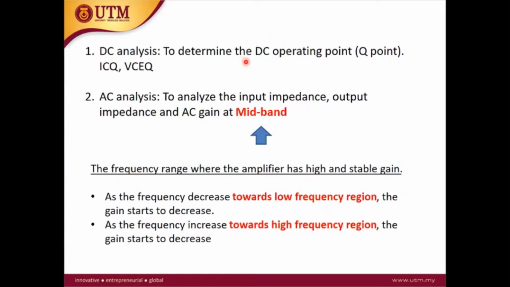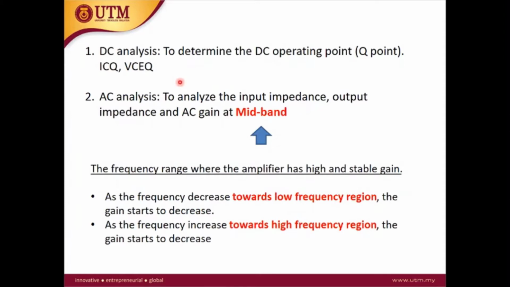In our course, we want to use the BJT in an amplifier circuit, so the BJT needs to be in the active operating region. The Q point here is the coordinate of the collector current value and the collector emitter voltage value. From these two values, we can determine whether the BJT is in the active operating region or not.